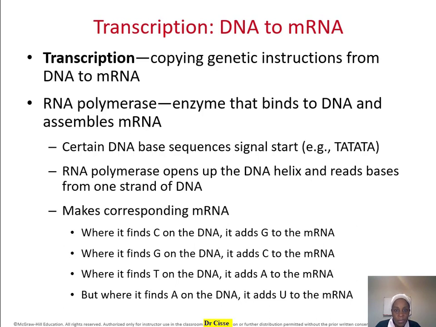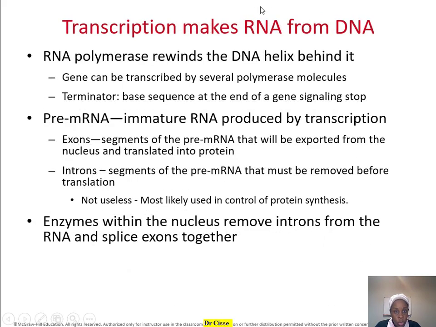So where this happens, in the nucleus, when it finds C on the DNA, it picks up a piece of G to start building the mRNA. So G it's at C, T it adds A, and A it adds U. You see, in this case, we don't have the T in the mRNA, so it's replaced by the U. So transcription makes mRNA from DNA, but by RNA polymerase, which rewinds open the DNA helix behind it.